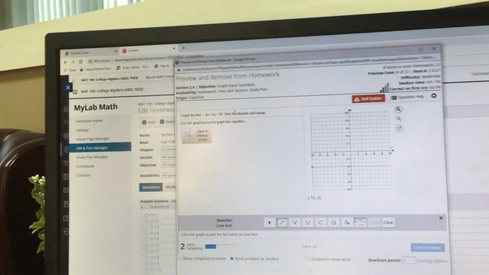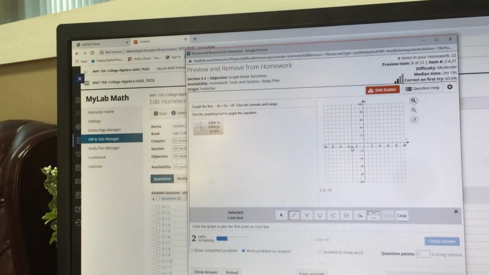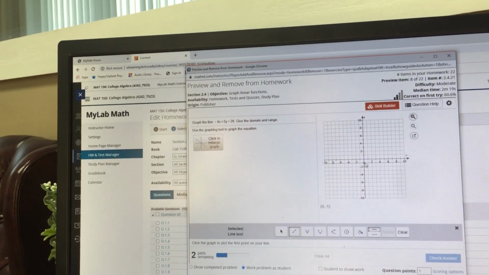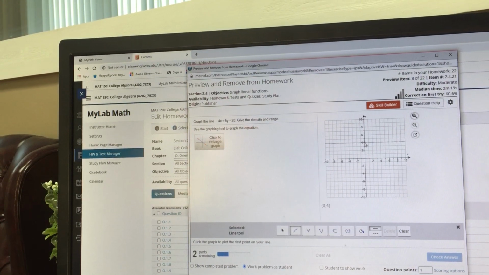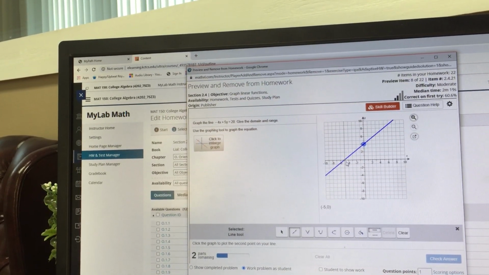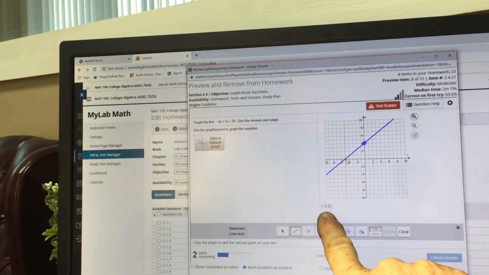So let me go back to the... All right, so I'm going to click on this, which I already did. So I'm going to just put those 2 points. The first one was 0, negative 4. I'm sorry, 0, positive 4, which is right here. Then I had negative 5, 0, which is right there. Now, if you notice down here at the bottom, it tells you where you're at.